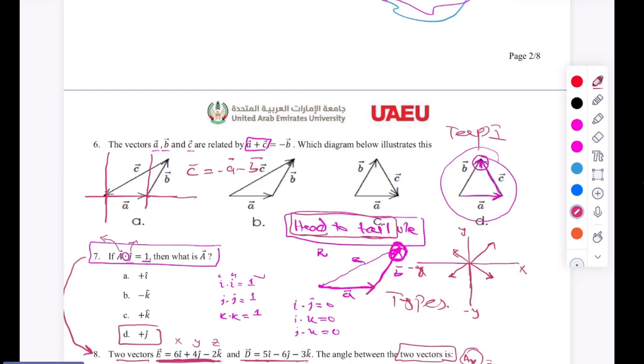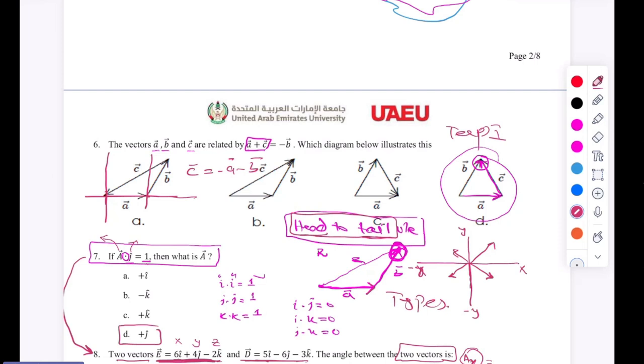All of them are head to tail. A would be A plus B equals C because all of them are attached. So in that kind of diagram, you cannot decide which is the correct answer. So I rather apply the head to tail rule to guess these things. It's easy to make mistakes in that question, doctor.